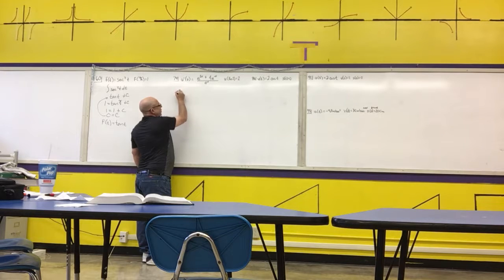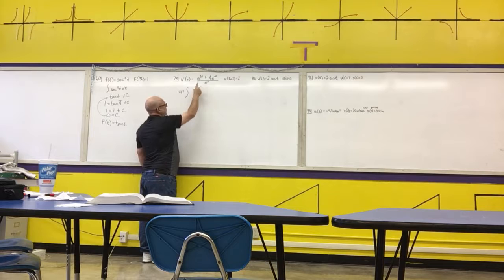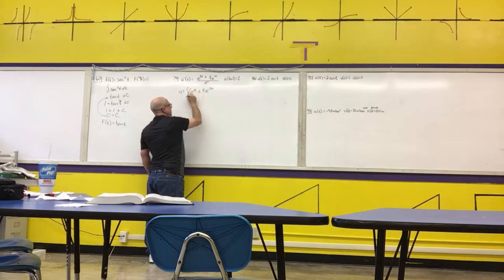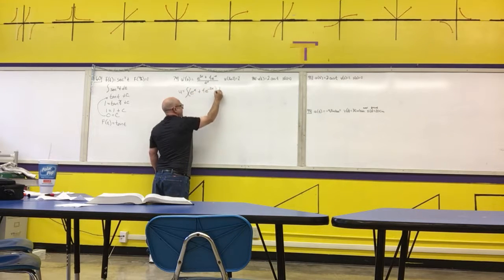So u is equal to the antiderivative of e to the 2x over e to the x. So I have 2x minus 1x is just e to the x plus 4 negative x minus x would be e to the negative 2x. Parentheses dx.